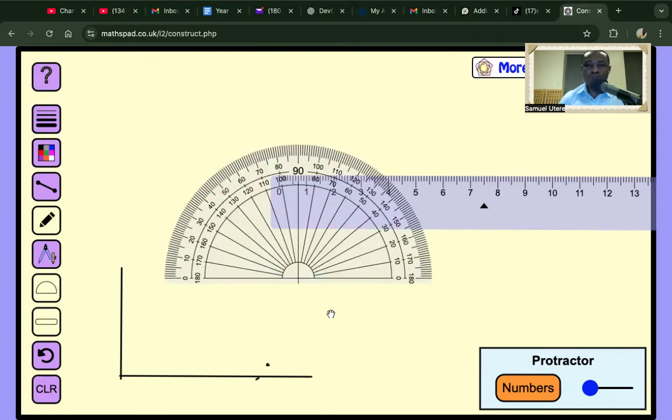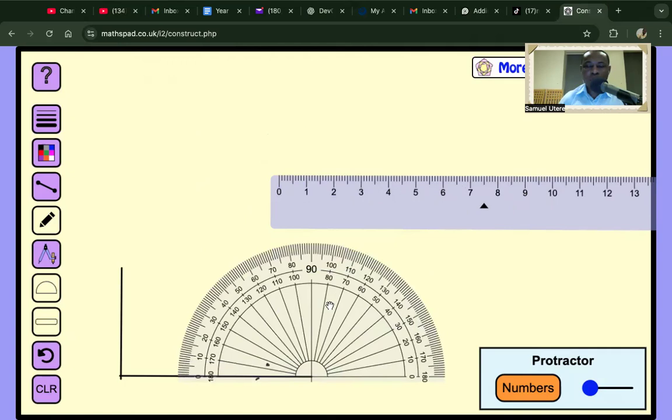So we'll line it up with that end of the line, and then we want to measure 110 degrees. So take note that the 0 of the outside scale is lined up with our line. So we'll measure 110 degrees, which is right here.